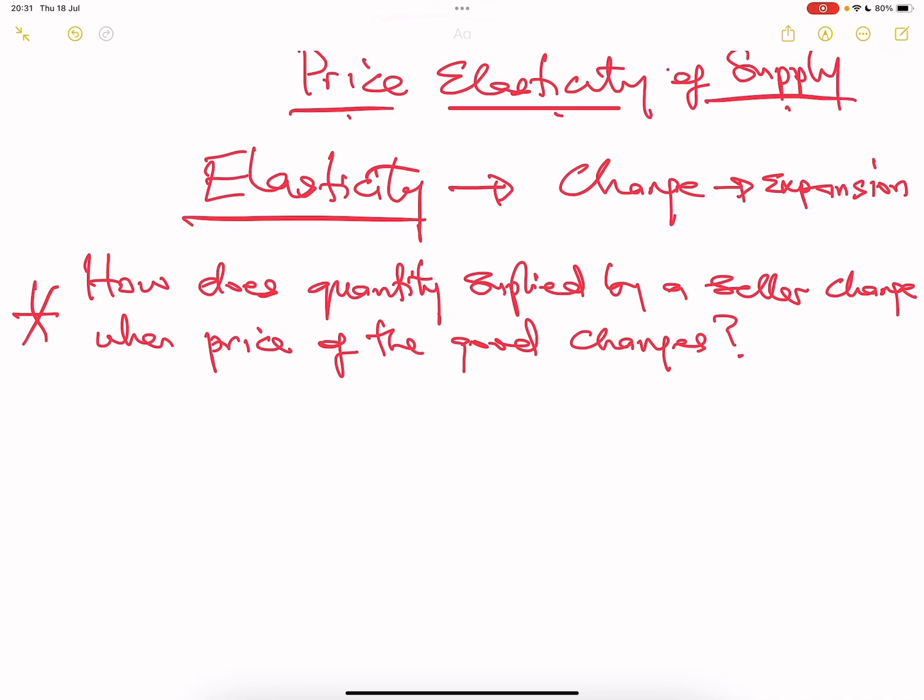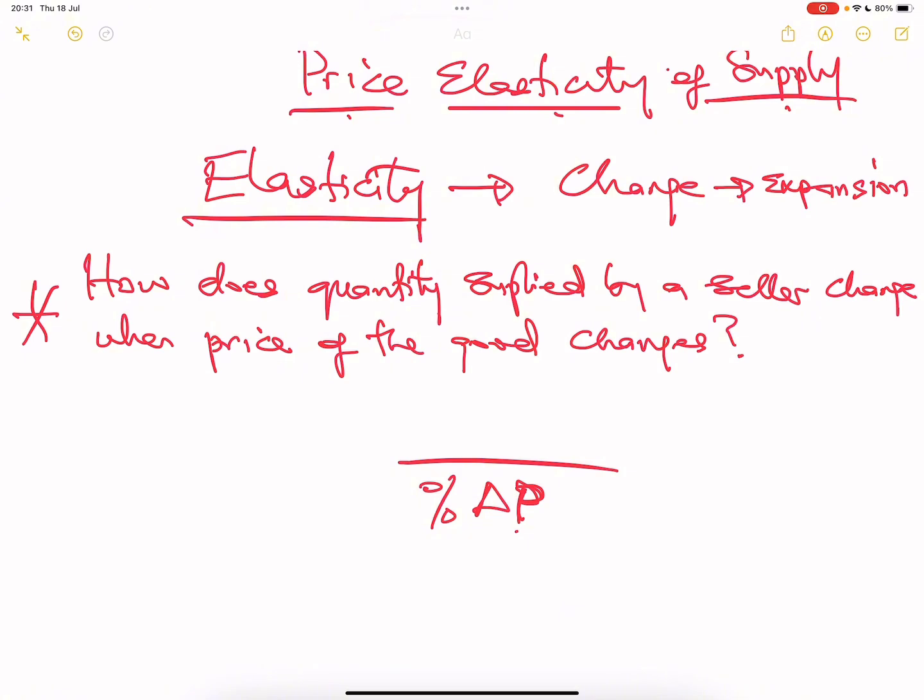So remember, price is a constant thing. And that is why the formula is always divided by change in price for both elasticity of demand and elasticity of supply. For elasticity of demand, it's about how change in price affects change in quantity demanded.